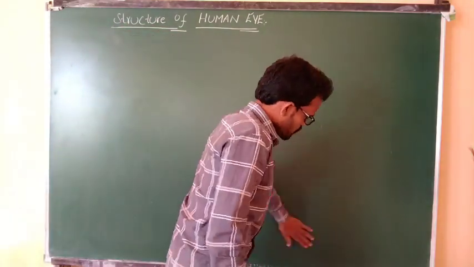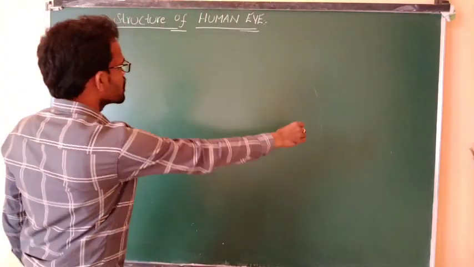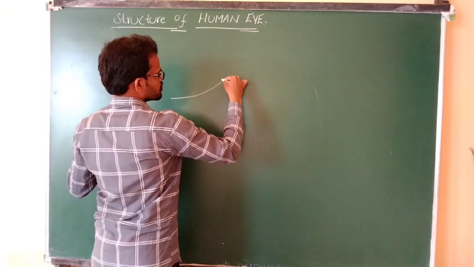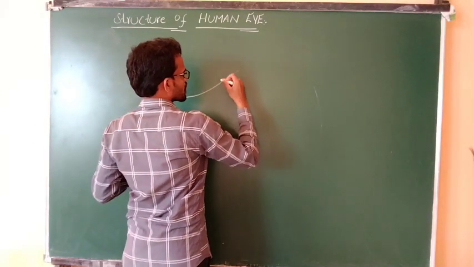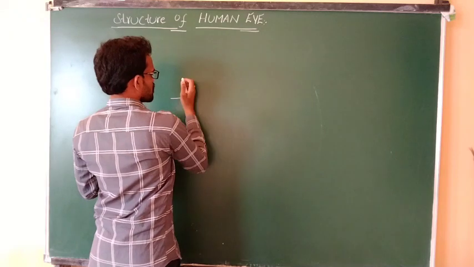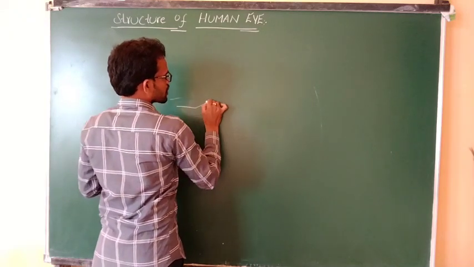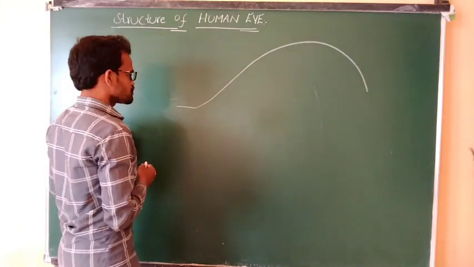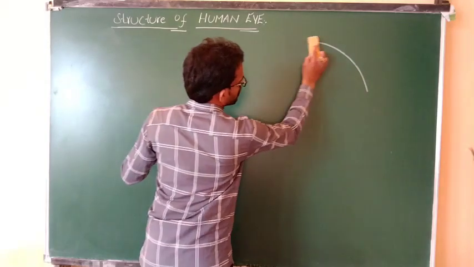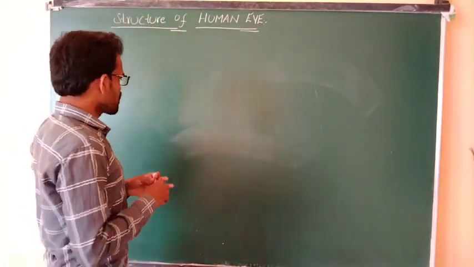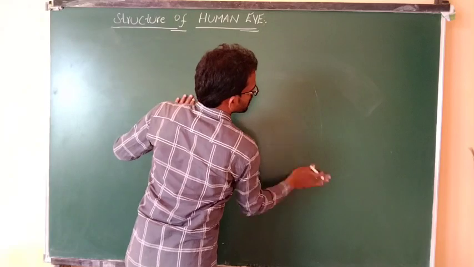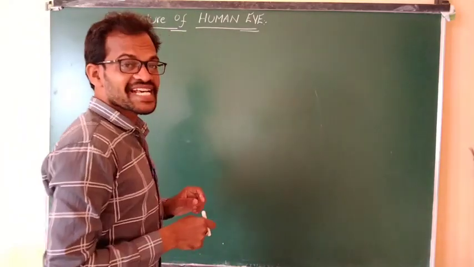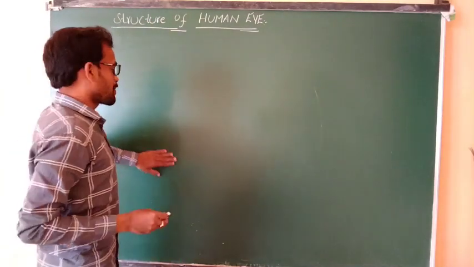If you observe the structure of the human eye, I have to represent here the structure of the human eye, the diagrammatic representation.